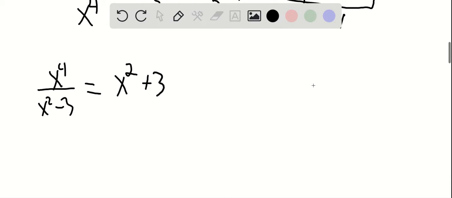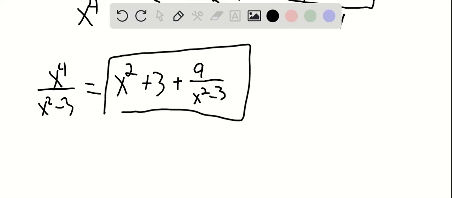What does that mean? That means that I have a remainder: 9 dots that are still waiting to be divided by x squared minus 3. Therefore, the answer to x to the fourth divided by x squared minus 3 is equal to x squared plus 3, with a remainder of 9 dots still waiting to be divided by x squared minus 3. We write that as plus 9 over x squared minus 3, and there we have it.